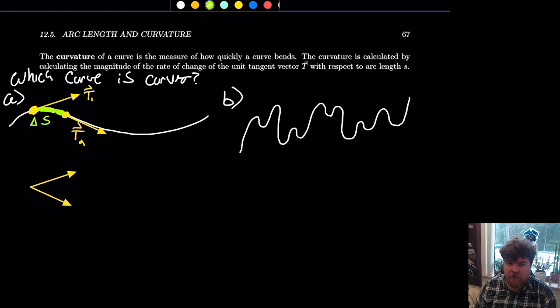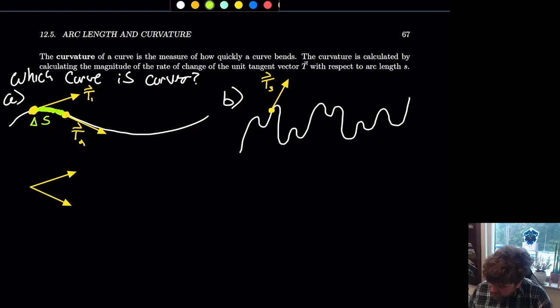Right? But let's look at the same idea if we go ahead and look at the curve drawn under B. So I'm going to pick some point along my curve, let's say right about here. And I'm going to draw the tangent vector at that point on my curve. Might look something like that. So we used T1, we used T2, let's call this T3.